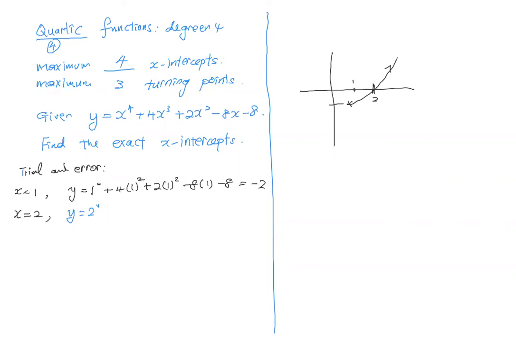2 to the power of 4 plus 4 times 2 cubed plus 2 times 2 squared minus 8 times 2 minus 8. Do you get 0? If you didn't get 0, that means something is wrong with my calculation. I believe my calculation is correct.